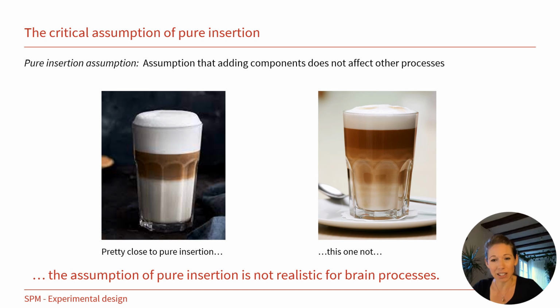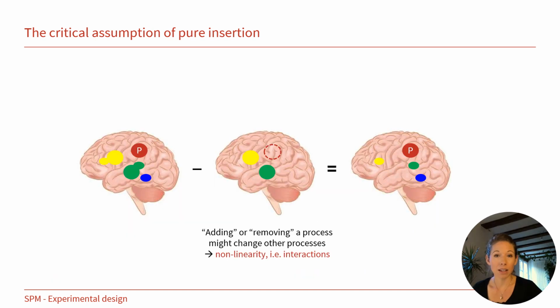And you can imagine that in biological systems, there is a lot of interaction going on between processes. So the interaction or the non-additivity of processes is very common. To put it in different words, pure insertion is rather the exception than the rule in the brain. Now let's look at this in the brain.